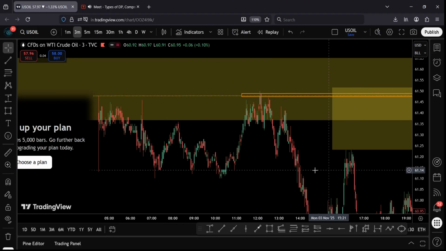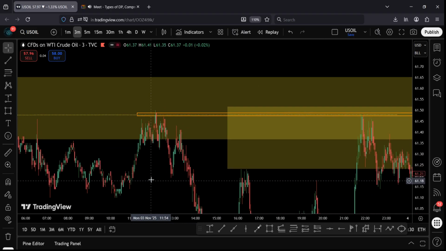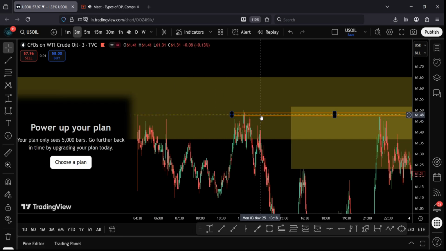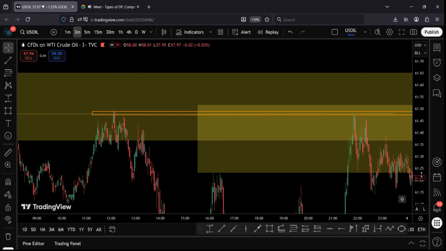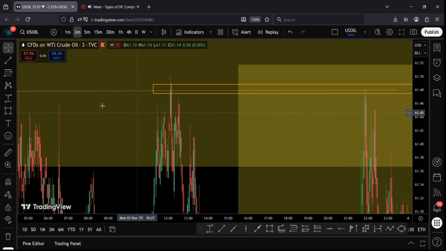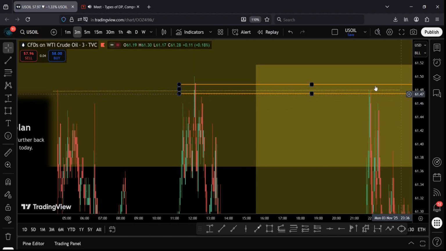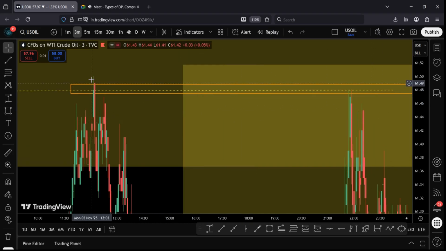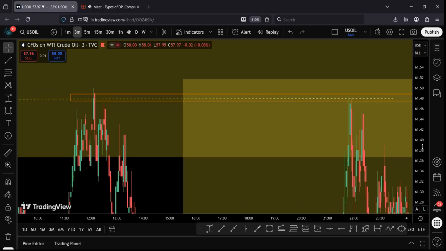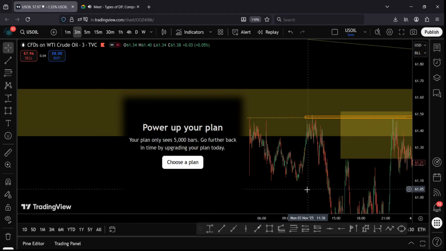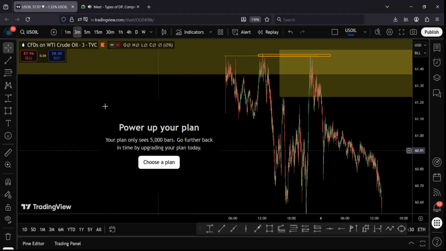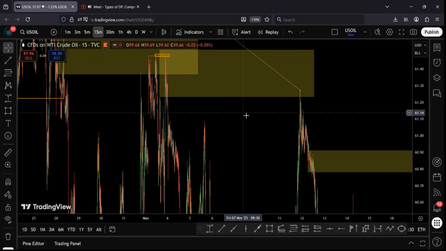We have data, 3 minutes. If we go to 1 minute, we may not have data, but at 3 minutes we have data. What happened? Price goes up, and you can also see here we have an engulfing candle, right? Price goes up, then comes down. Yes, got it. Okay, any other question?